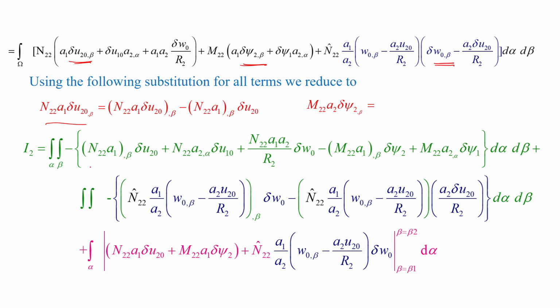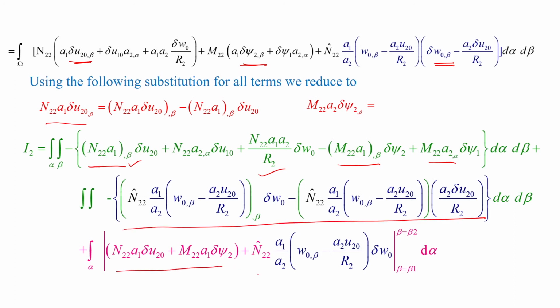So, it will give you this term N22 A1 comma beta, N22 A2, N22 A1 A2 R2 comma beta, M22 linear contribution, and this will be our nonlinear contribution, and these terms will be on the boundaries, but this time it will be on the boundary of beta, beta 1 to beta 2 and integration over d alpha.